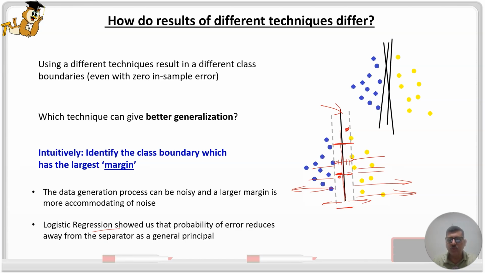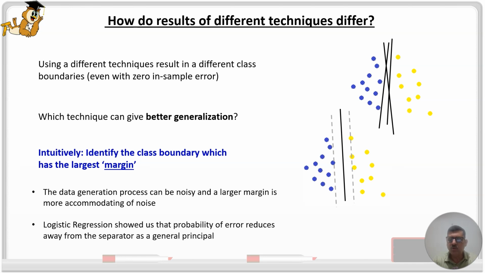So if the distribution of your out of sample data mirrored the distribution of your training data, they too would fall as far away as possible, and therefore the probability of error would be reduced. So that is the general principle I am hinting at.